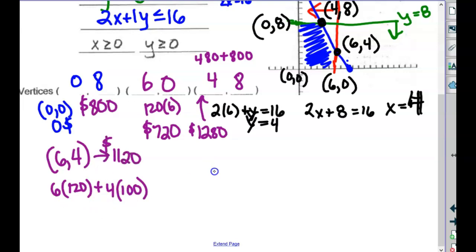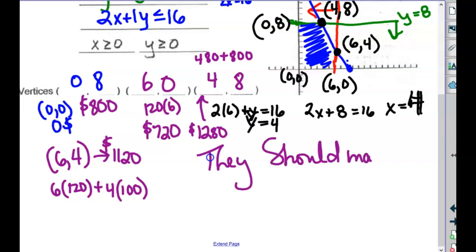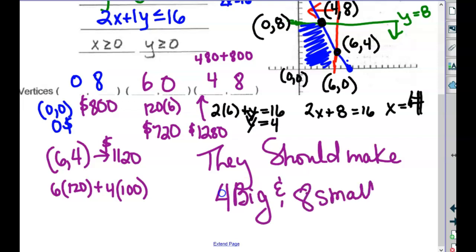Okay, so they should make, oh yeah, that's what we put in, right, to get the 1280. I was looking in totally the wrong place. 4 big and 8 small vacuums to maximize profit of what?